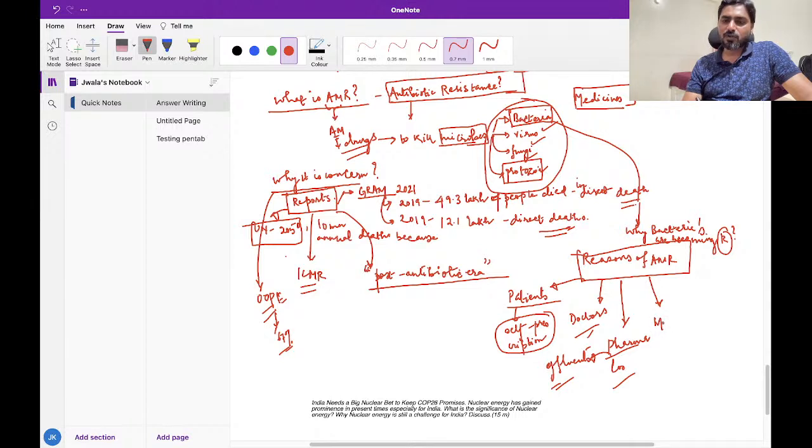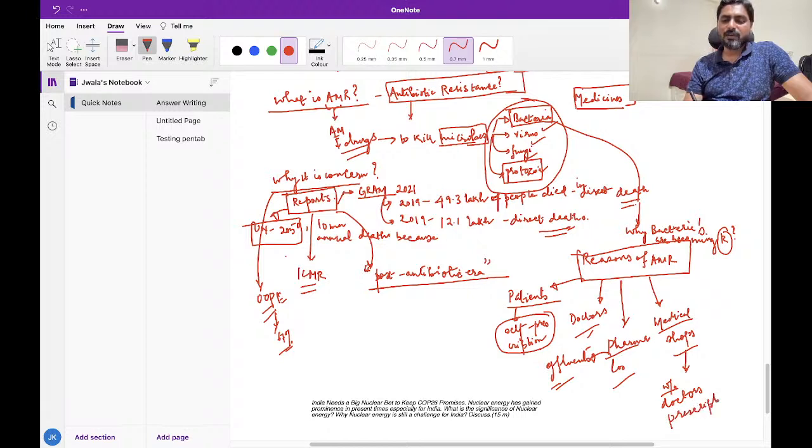Your medical shops are also responsible. Why? Because they shouldn't be selling antibiotics or antimicrobials without a doctor's prescription, but they do sell without a prescription, and that is a problem because there is easy availability of these antimicrobials.